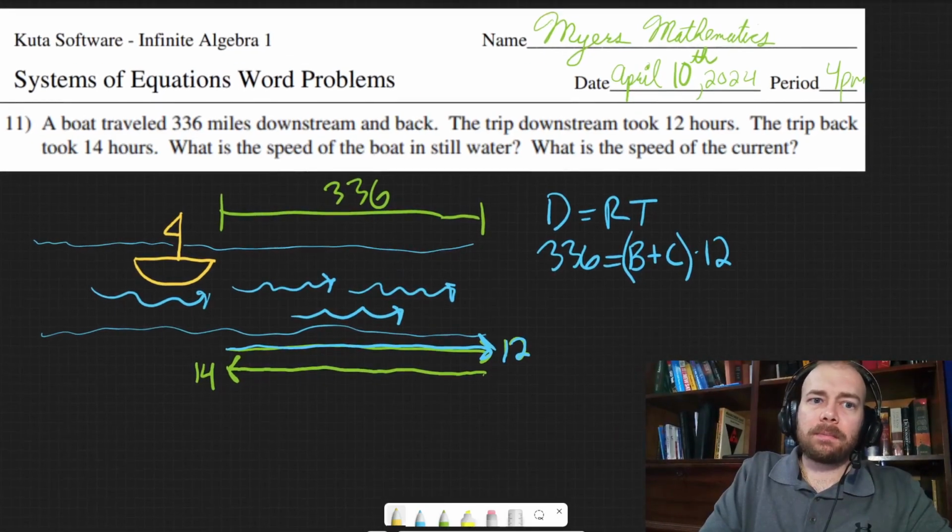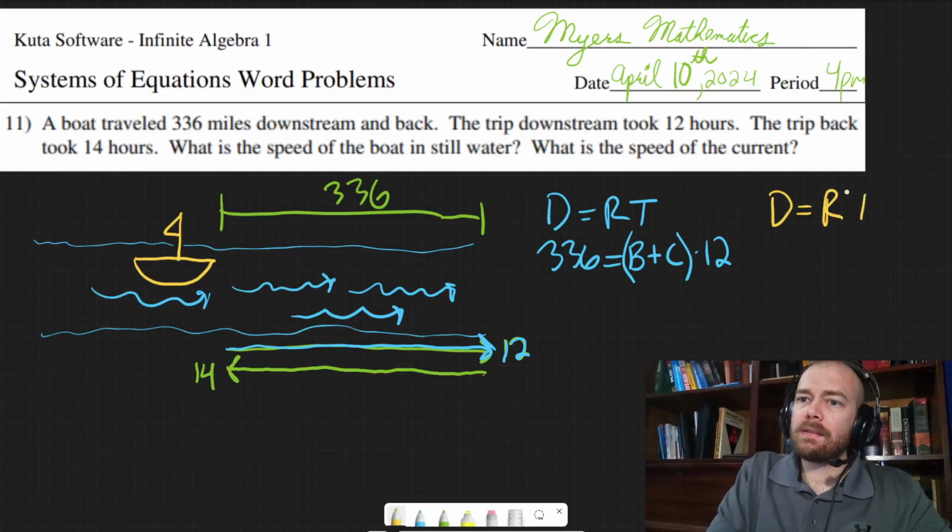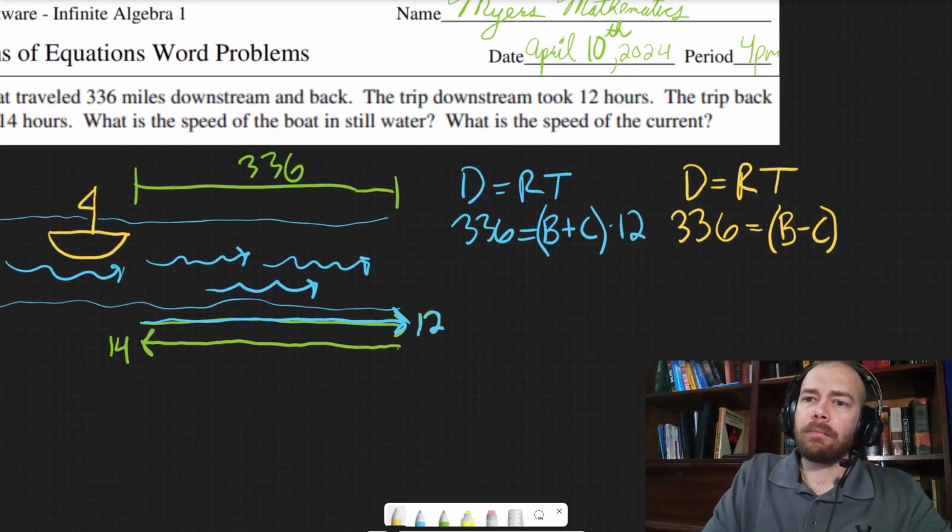We've got distance equals rate times time. Distance is still 336. The rate, we don't know, but we know it's going to be the vehicle minus the nature, and then the time. The time is 14 hours.